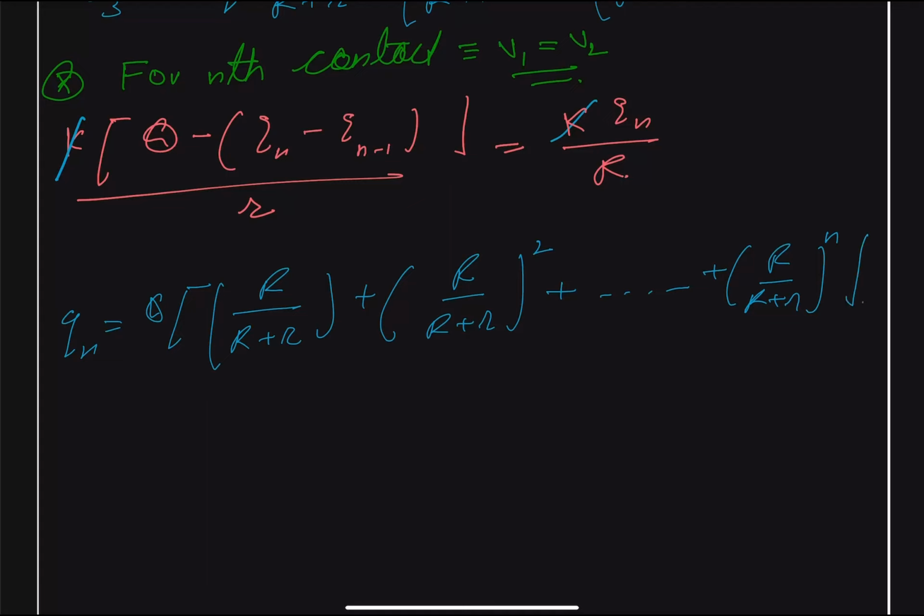And we can simplify it, and we can write that Q of n will be equal to QR upon small r, times 1 minus (r upon R plus r) whole raised to power n.